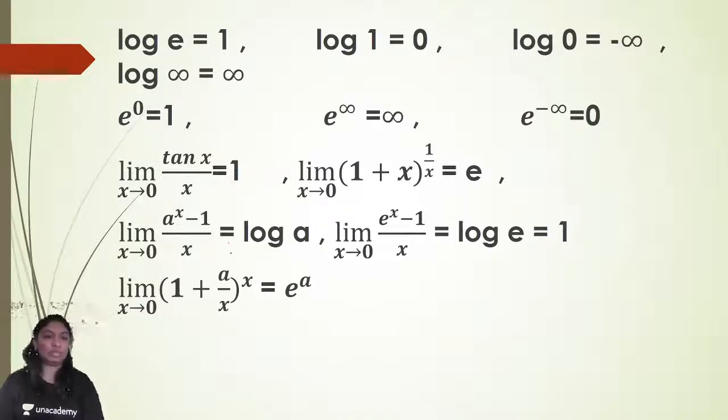And the most important things which we have done in 11th-12th are these forms: limit as x tends to 0 of tan x upon x is equal to 1, limit as x tends to 0 of (1 plus x) raised to 1 by x is equal to e, limit as x tends to 0 of (a raised to x minus 1) upon x is equal to log a, limit as x tends to 0 of (e raised to x minus 1) upon x is equal to 1, and limit as x tends to 0 of (1 plus a by x) raised to x is equal to e raised to a.